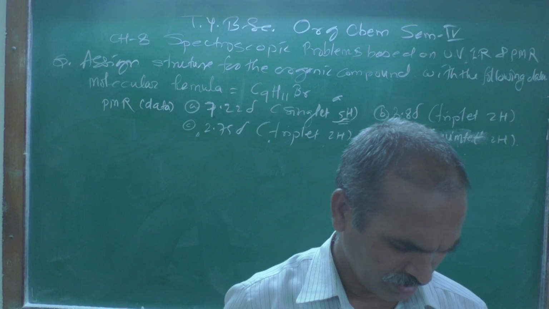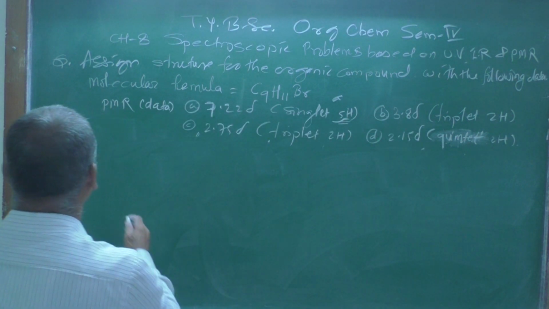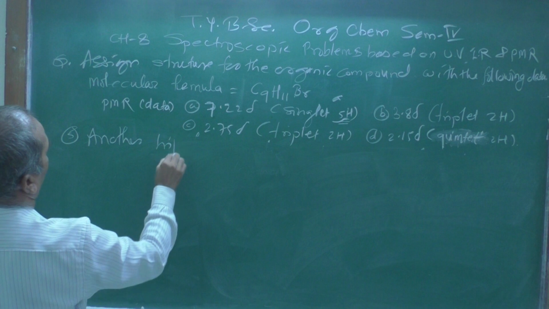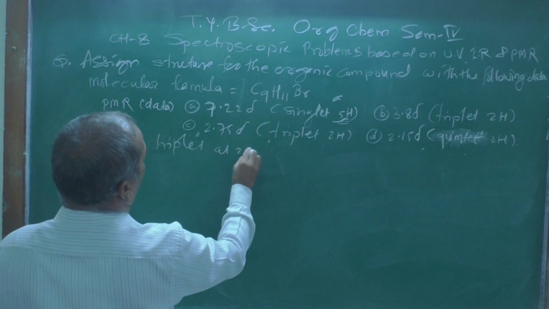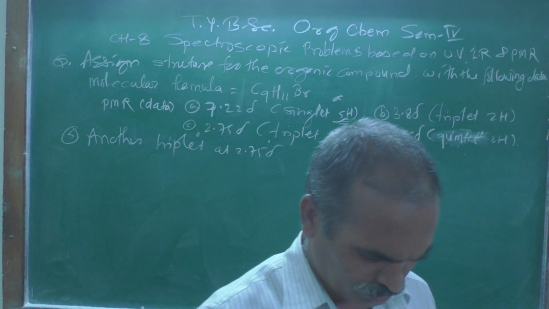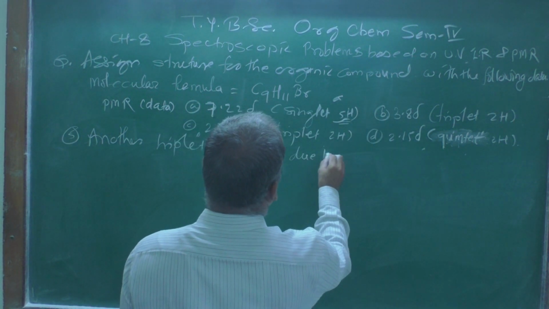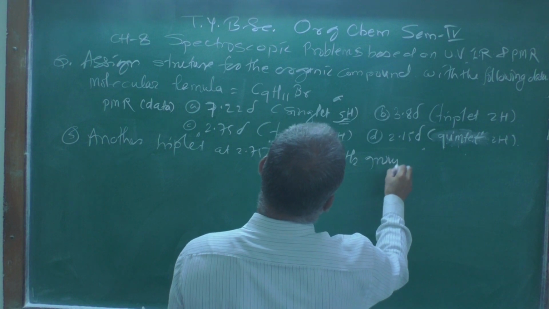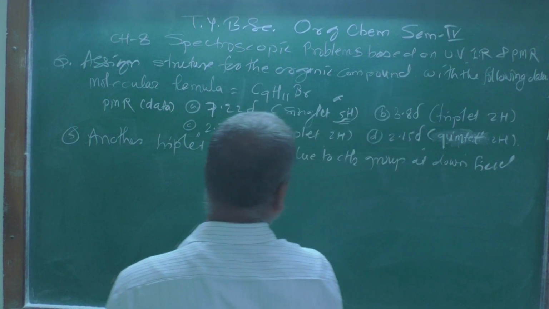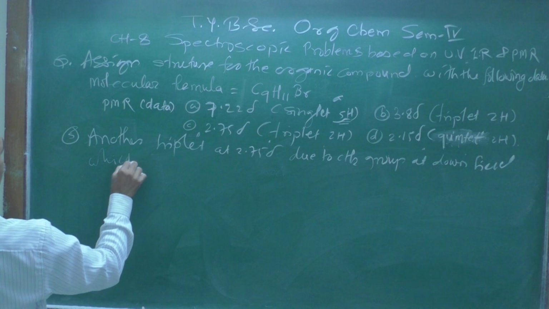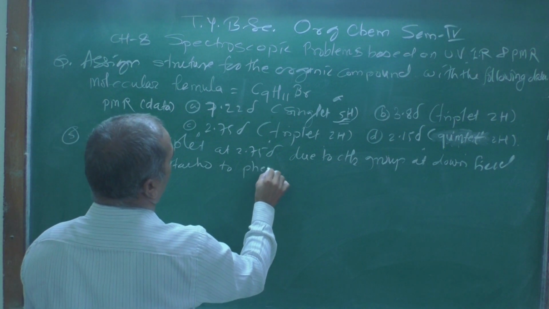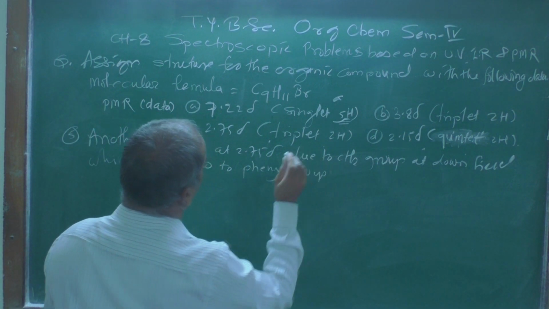Point number 5: another triplet at 2.75 delta due to CH2 group at downfield which is attached to the phenyl group, this one.